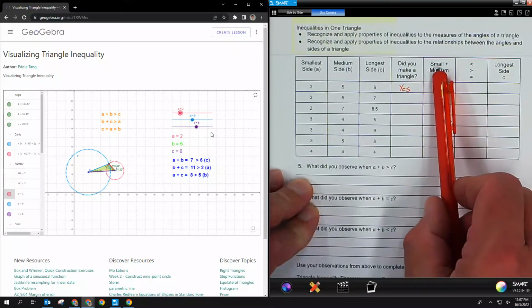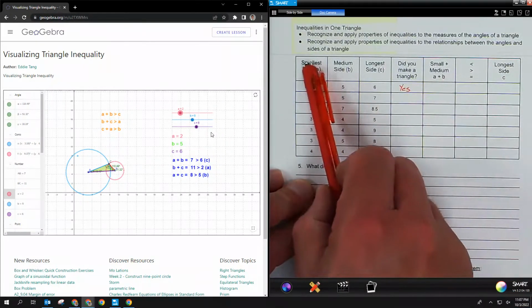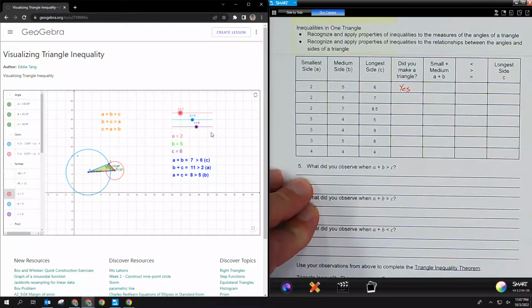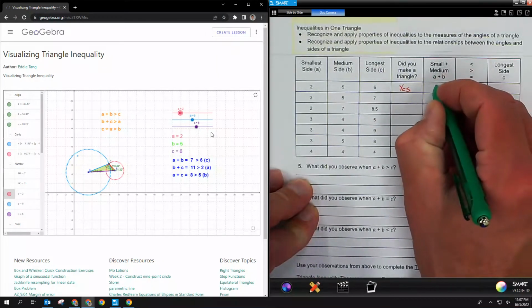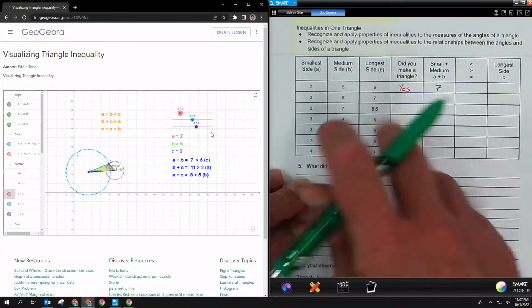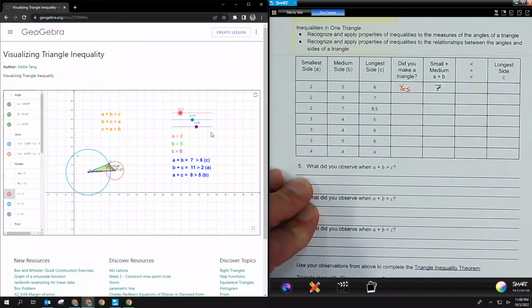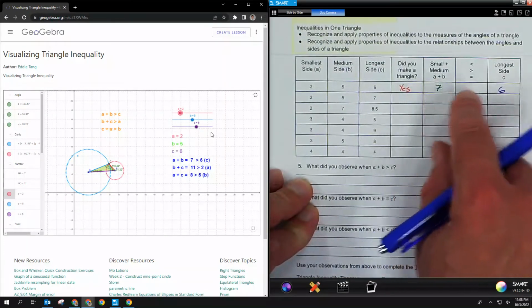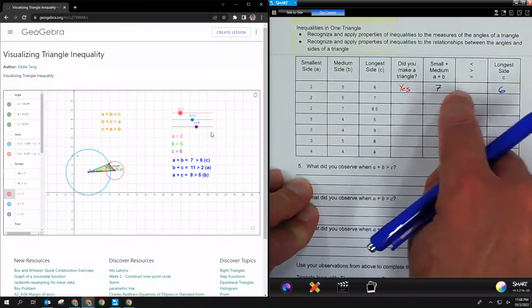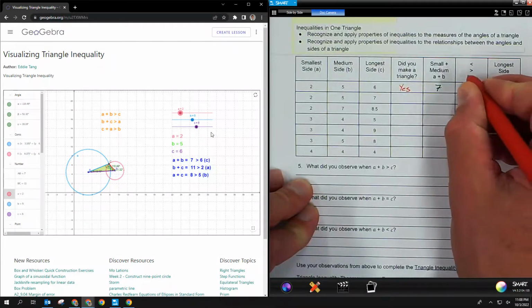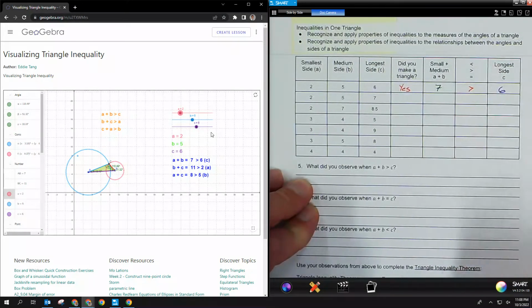The small side plus the medium side, 2 plus 5 is 7. The longest side is C, in this case 6. And how does 7 compare to 6? 7 is greater than 6.